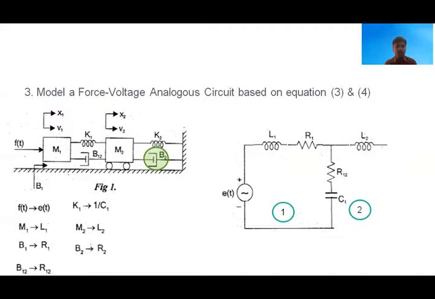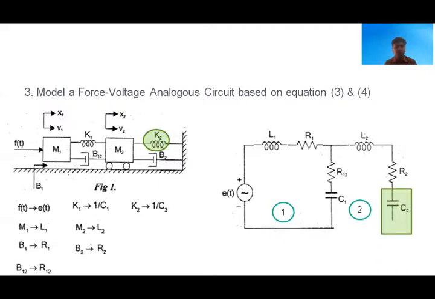The analogous parameter is the R2 resistor. You connect a resistor for loop 2 in series with the inductor. And the next component is a spring, which is only connected to M2. Therefore, the analogous parameter, the capacitor, is connected only to loop 2.